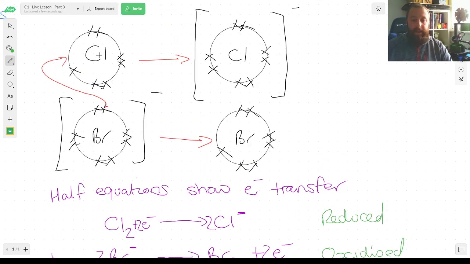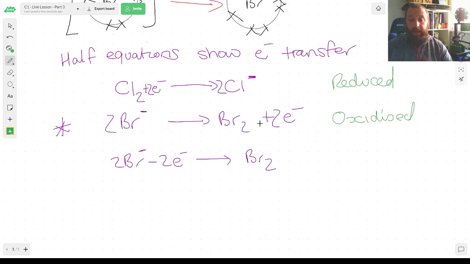In terms of what's happening for the electrons, the chlorine is gaining an electron from bromine to form a chloride ion. Because the bromide is losing that electron, it's forming bromine. And we can show that with half equations, where chlorine gains electrons.